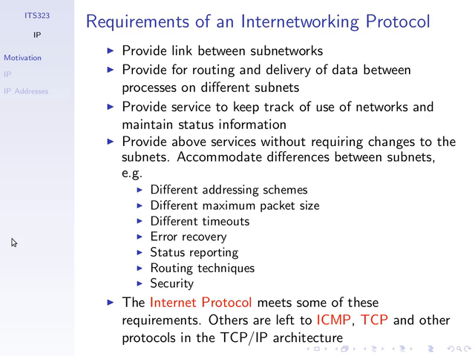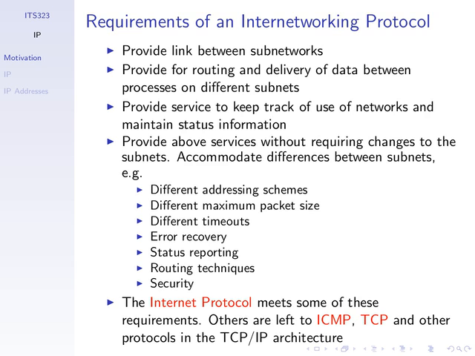What does an internetworking protocol in general need to do? It needs to provide links between the individual subnetworks. So a router, like this router, will connect two networks together. One interface to provide a link to one network, and this one we have four interfaces to connect to one other network.